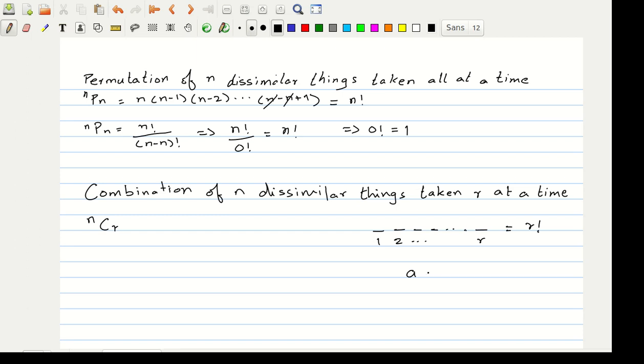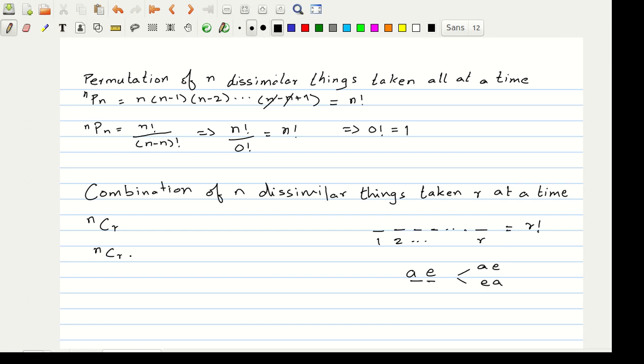We know that A and E can be selected, but this is only one selection. For this one selection or combination, we had two permutations: one was AE and one was EA, because these two can be arranged in factorial 2 number of ways.